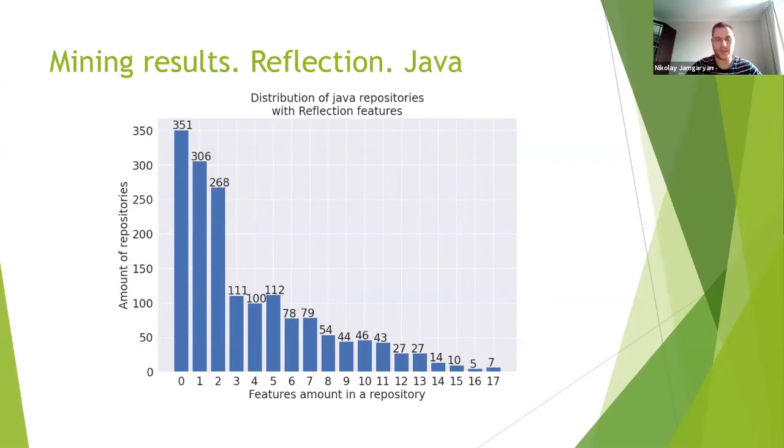With reflection, we have applied the same method as with main and subprograms. We created 17 features for Java repositories, and from the picture, we can see that only 351 repositories out of almost 1,500 do not consist any reflection features, and the most amount, about 2/3, 66%, consist from 1 to 8 features.